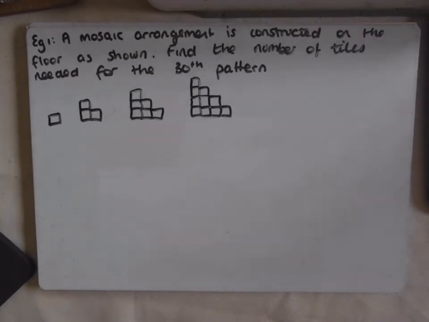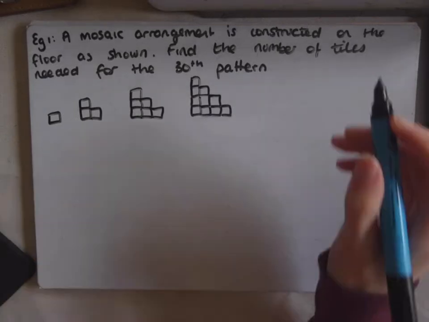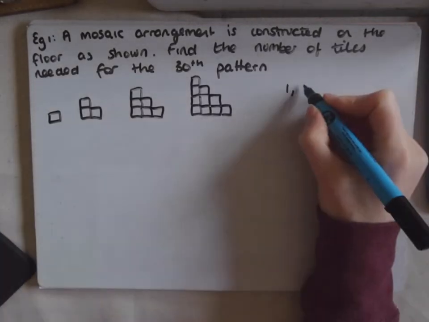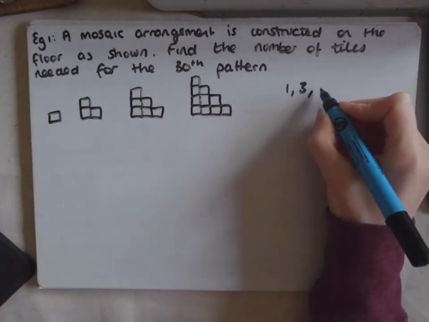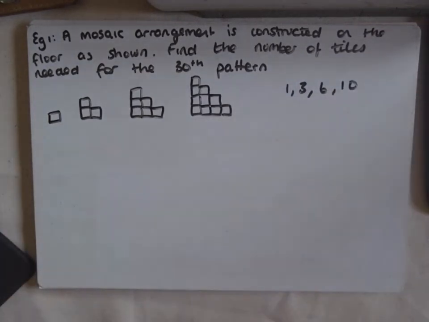So the best thing you can do is write out your pattern of numbers. My pattern of numbers is 1, 3, 6, and then 10.